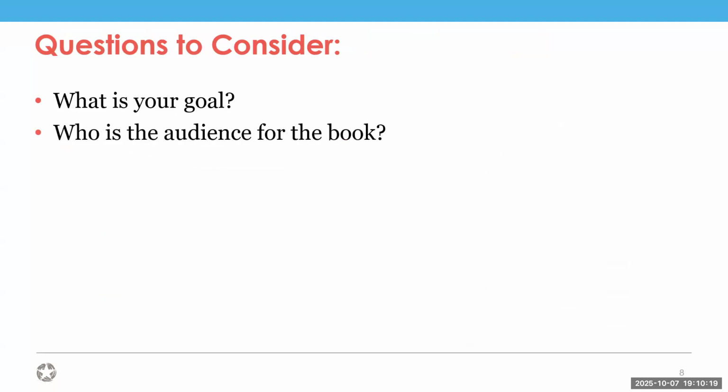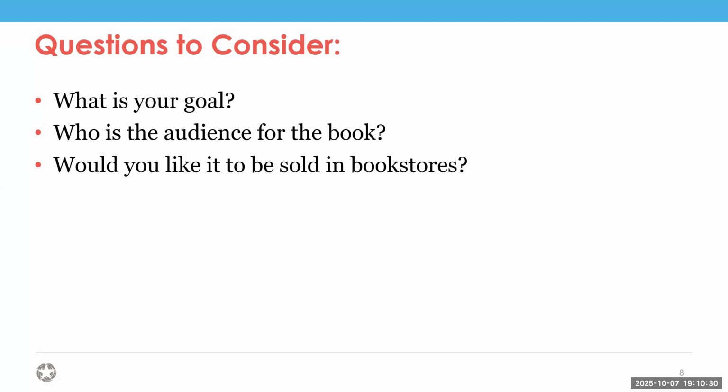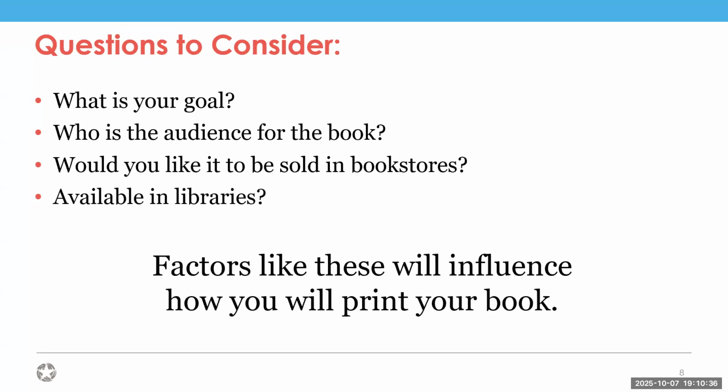We discussed this earlier, but who is the audience for the book? Are you writing this just for your family, or does it have the potential for a wider audience? Would you like it to be sold in bookstores or possibly available in libraries? Factors like this are going to influence how you will print your book and then ultimately how you write it as well.